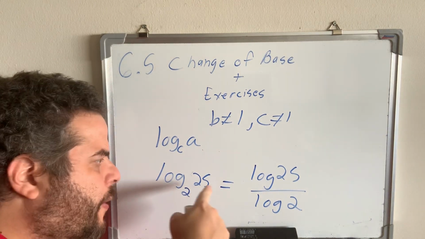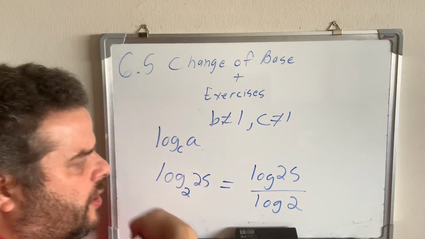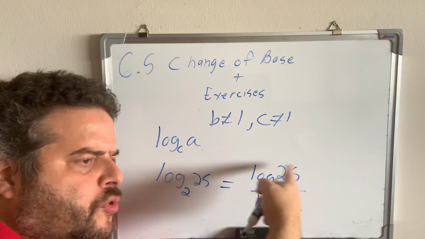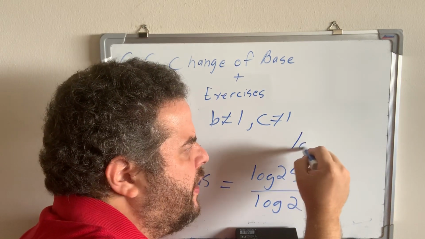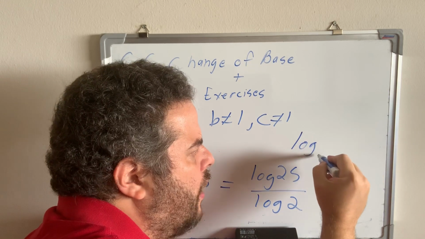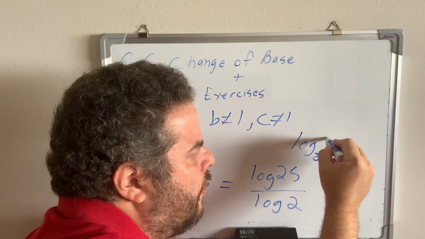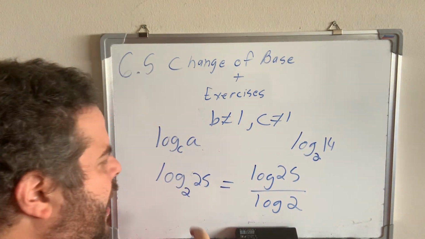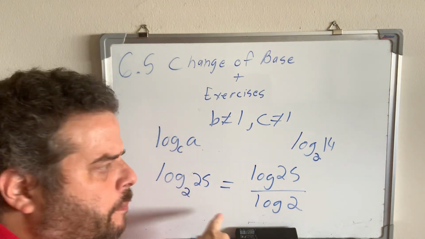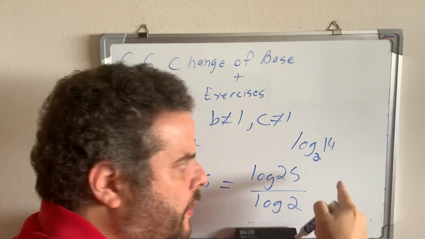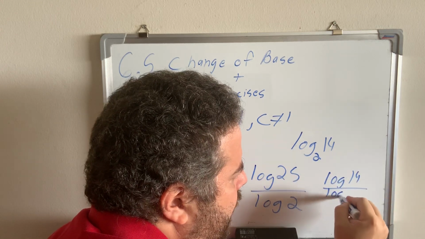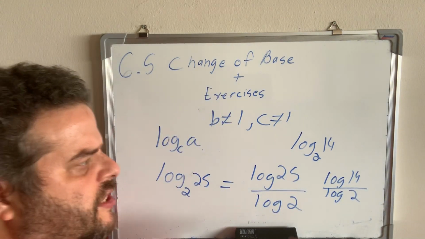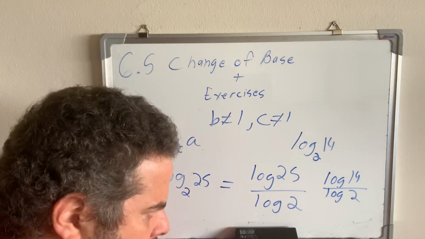If you have just common log, you can solve any log using this system. If they give you log base 2 of 14 and you don't have the log base button, but you do have the common log button, again, common log 14 divided by common log 2. I just changed the base to the common log.